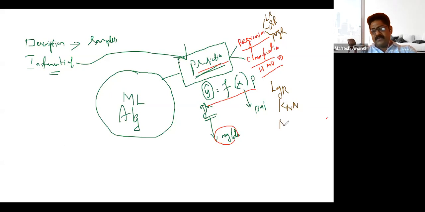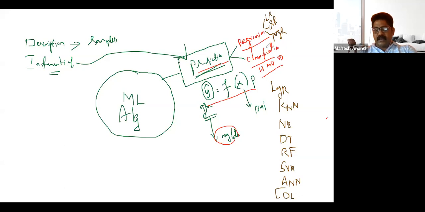Then we have tree-based classifiers like decision tree and random forest. Then we have support vector machine. Then in that list, we have a more sophisticated model, the artificial neural network. And the extension of this ANN is what today we are talking about in terms of deep learning models.